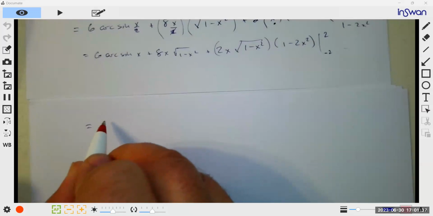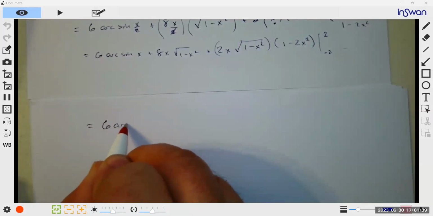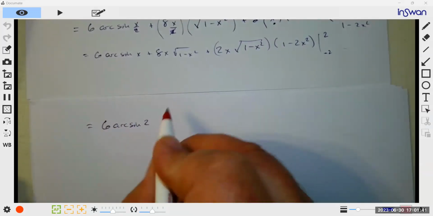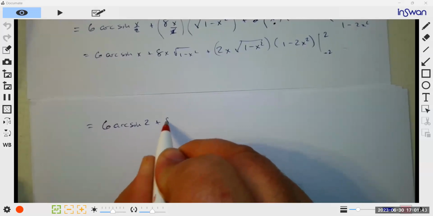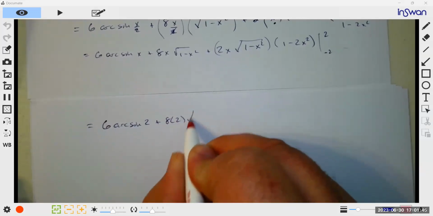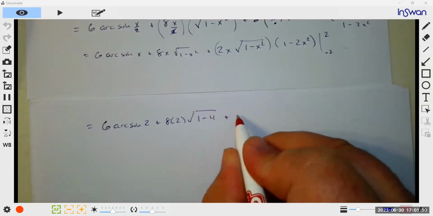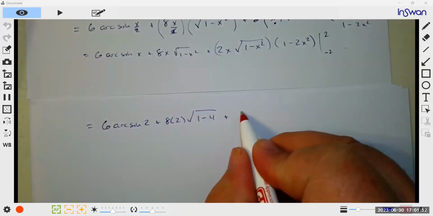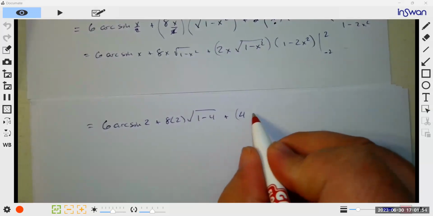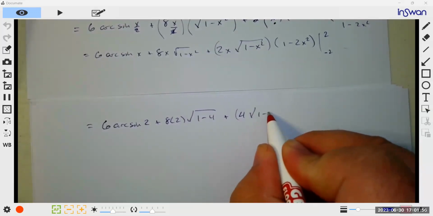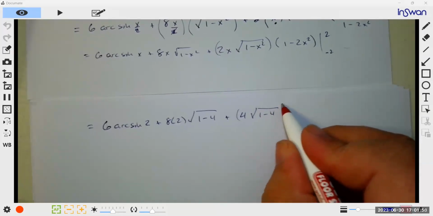So from 2, we have 6 arcsine 2 plus 8 times 2, 1 minus 4. 2 times 2 is 4. 1 minus 4.